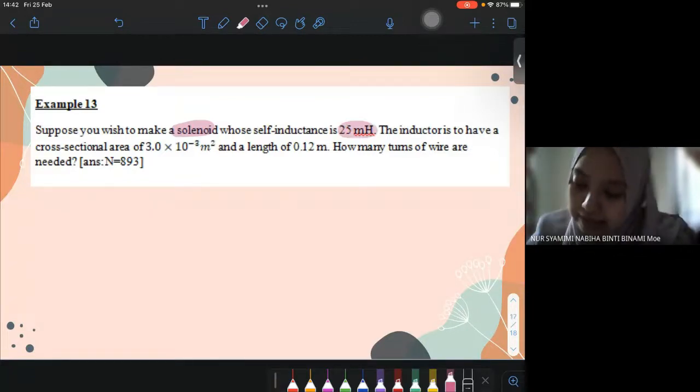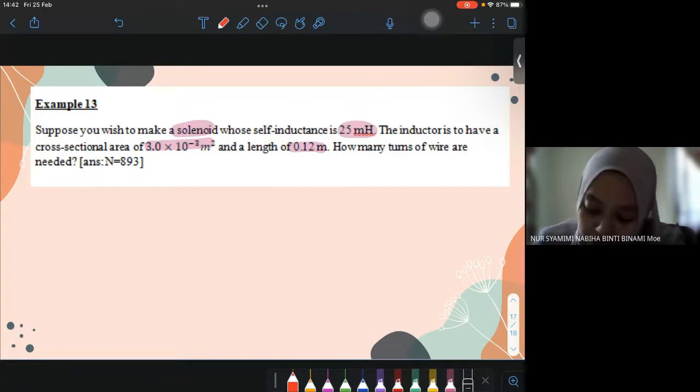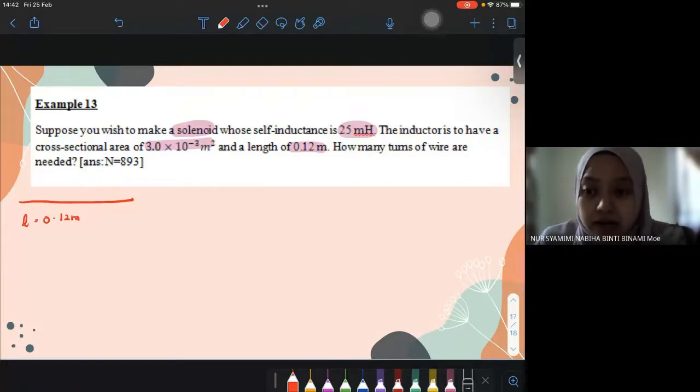The inductor is to have a cross-sectional area of 3 exponent negative 3 meter square and length of 0.12 meter. How many turns of wire are needed? Okay, so kamu ada wire yang panjangnya 0.12 meter. Kamu nak jadikan this wire a solenoid.